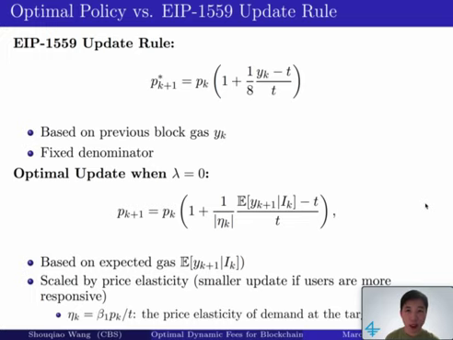We're using the prediction of the gas used for the current block k plus 1 in this equation, which is the conditional expectation of yk plus 1 conditioning on all the history ik. Moreover, EIP 1559 uses a fixed coefficient 1 over 8, but we are using the price elasticity of the demand at the target, which is eta k in our formula.